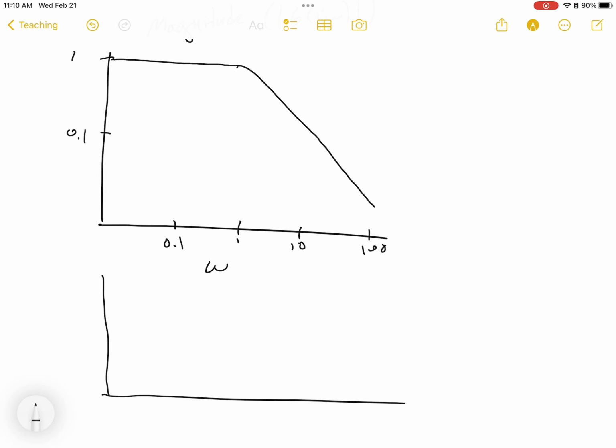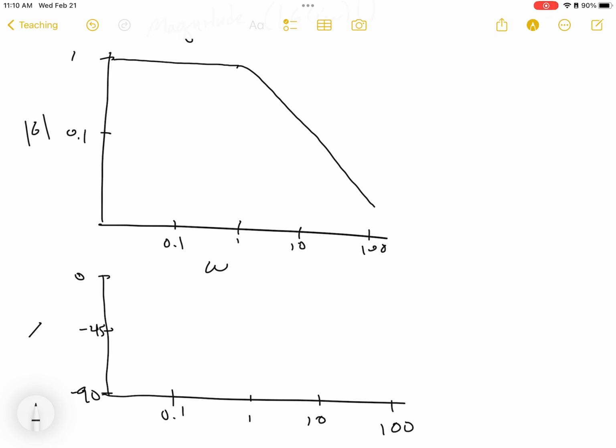And these plots just come from plugging omega into the magnitude of G of J omega and the phase. So again, we've got a log scale for frequency: 0.1, 1, 10, 100. And we'll do a linear scale here between 0 and negative 90 degrees, with negative 45 degrees marked.